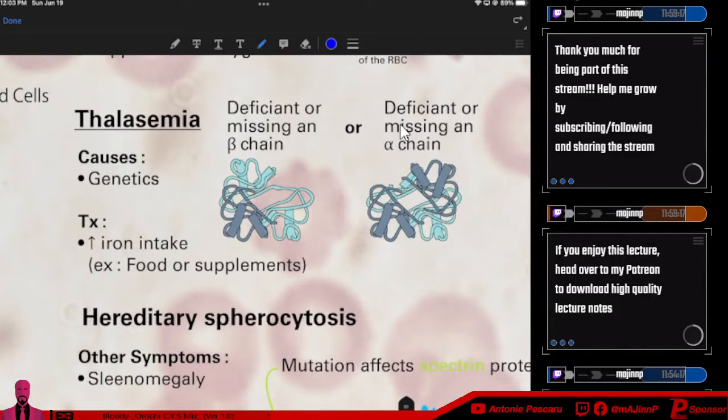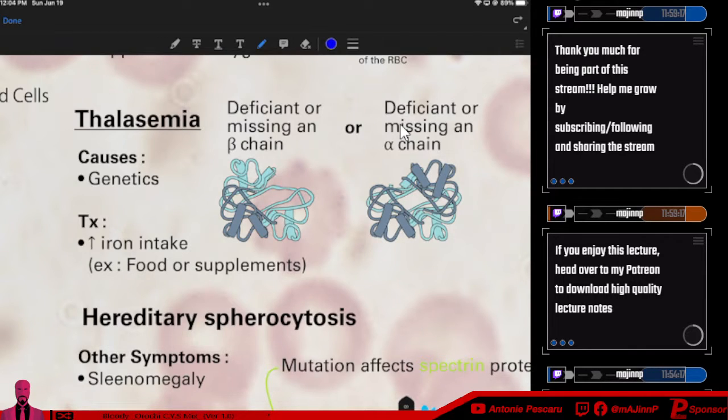We move on to thalassemia. Thalassemia is, if I'm not mistaken, really common in Mediterranean individuals. It's basically a deficient or missing beta chain, or a deficient or missing alpha chain.